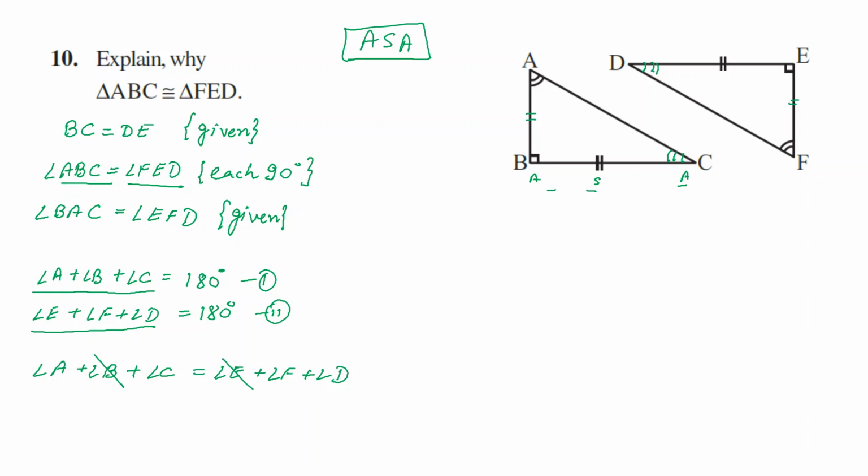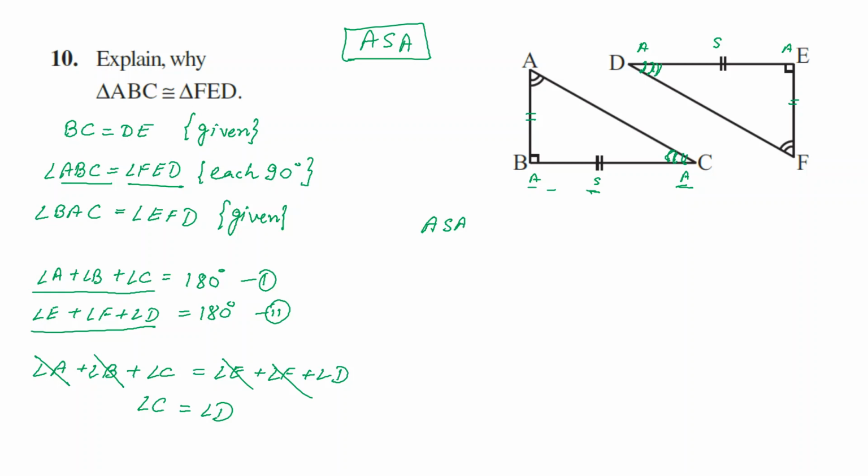Then angle BAC, that means angle A, and angle EFD, that means angle F, they are also equal, so they will also get cancelled out. From here we'll get angle C is equal to angle D. So what we have proven is that this angle is now equal to this angle. So therefore now we have got that this angle, this side and this angle are equal to this angle, this side and this angle of the other triangle. So we can use ASA congruence criteria.